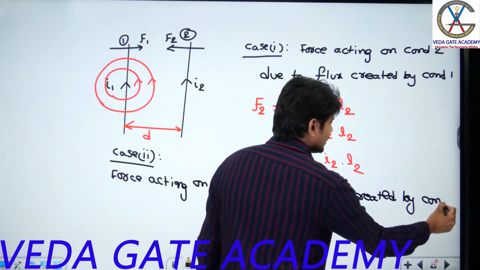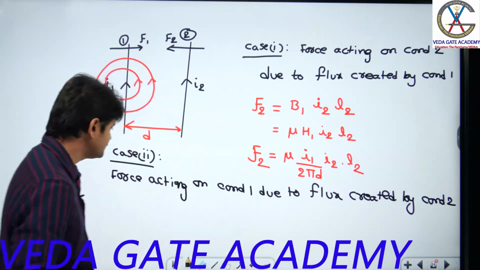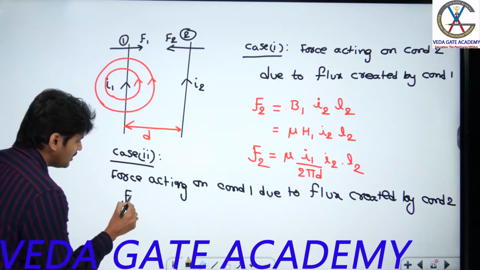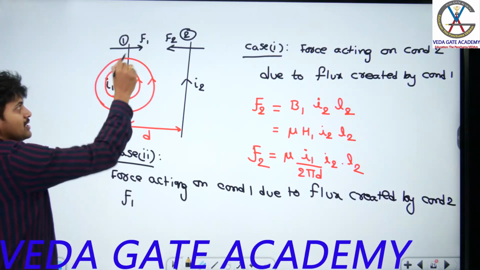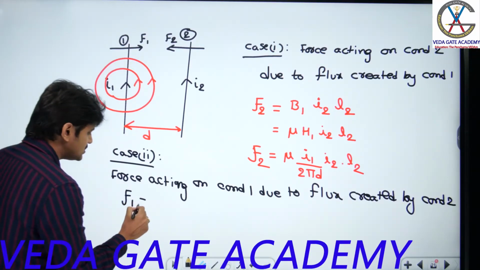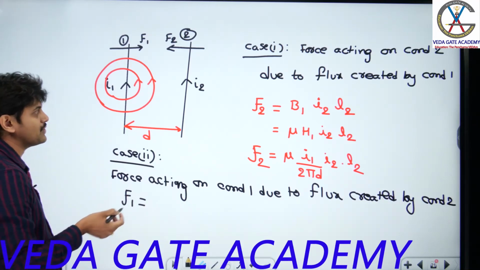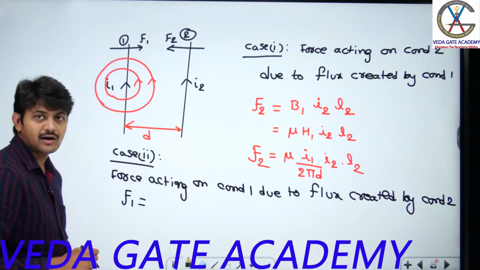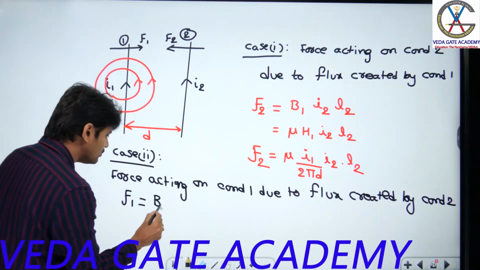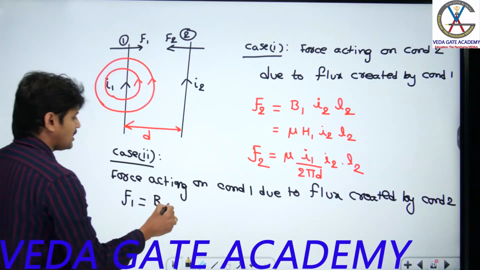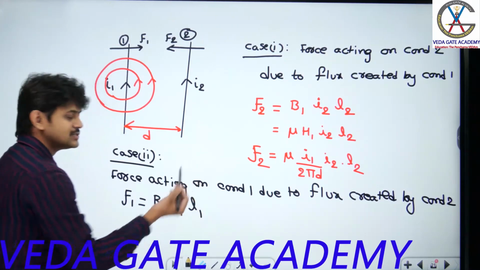So I need to write the force acting on conductor 1, that is F1, which is equal to BIL. B is the flux, and that flux is created by conductor 2. That means I need to write B2 into current I1 into length of the conductor L1.